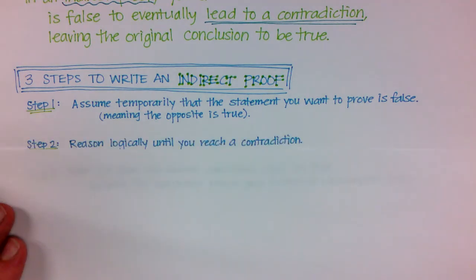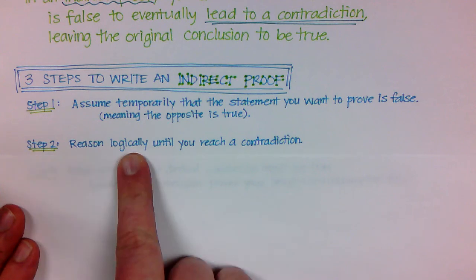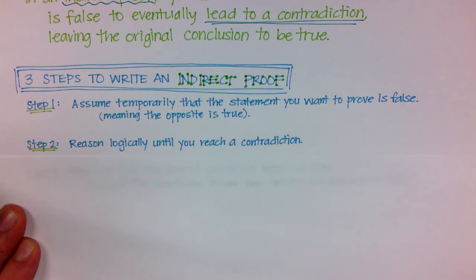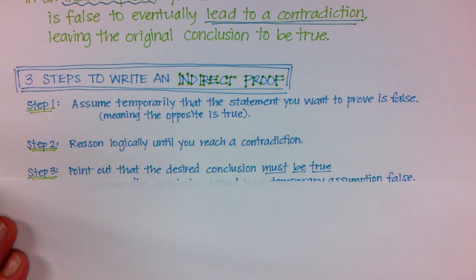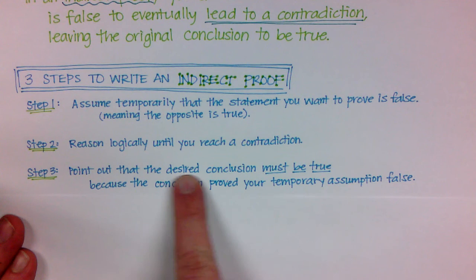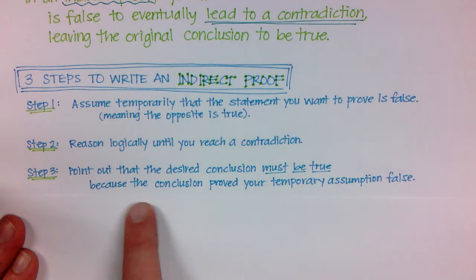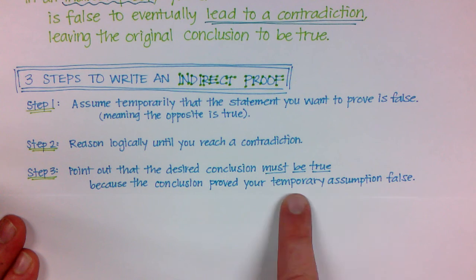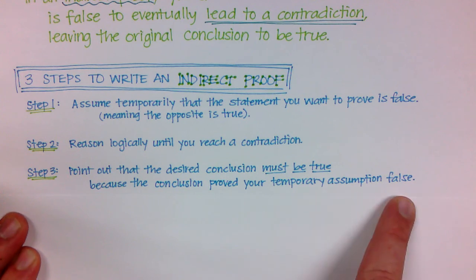Our second step is we're going to reason logically until you reach a contradiction. You're just going to say, oh, well, this and this is true and this is true. Oh, but then this leads to something false. So because of that, you're going to point out that the desired conclusion must be true because the conclusion that you proved about your temporary assumption was false.